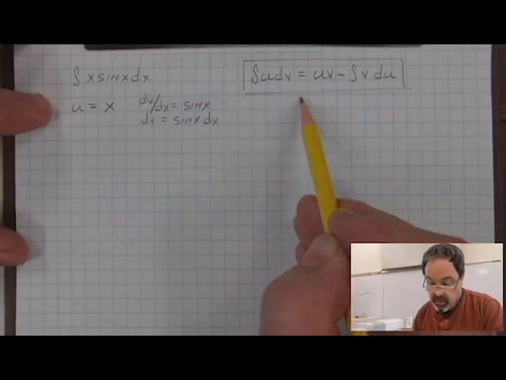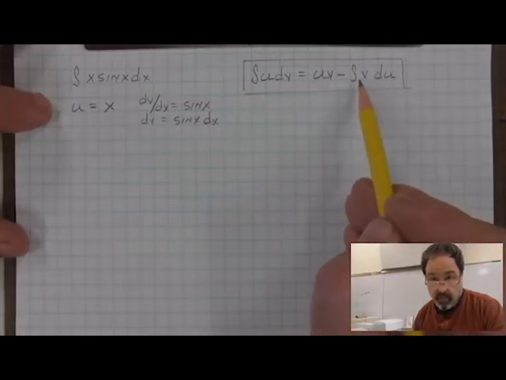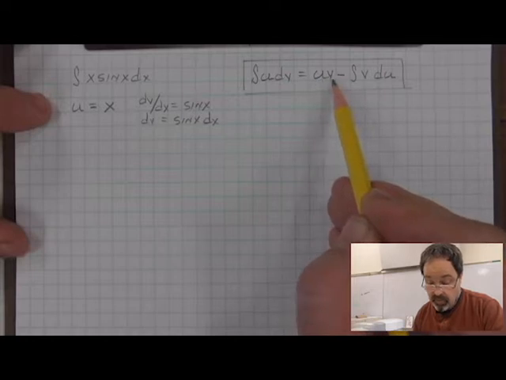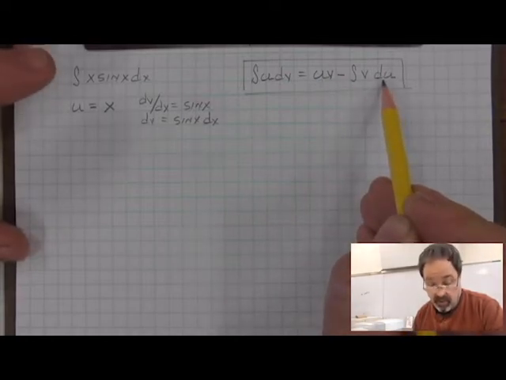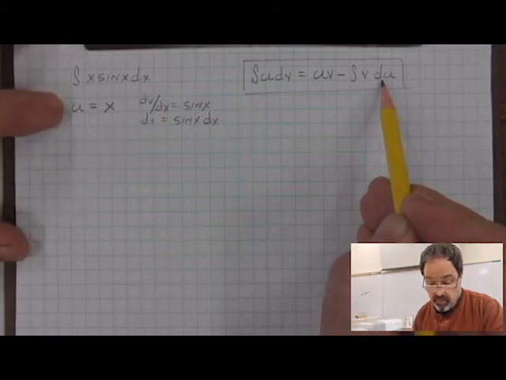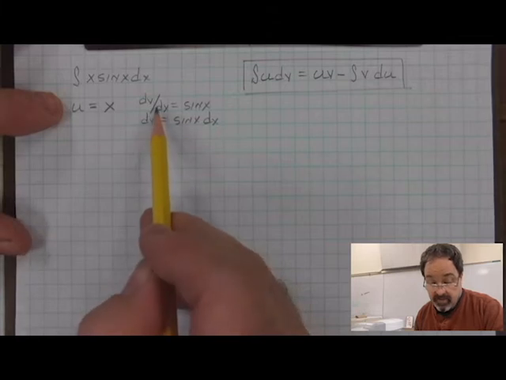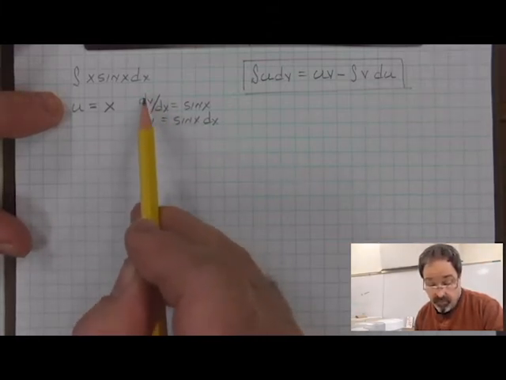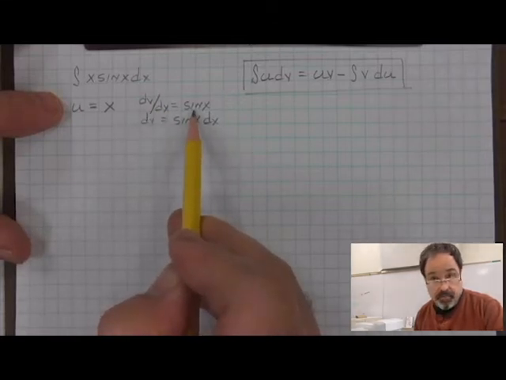But I need to then convert it to this pattern. And this pattern has u, v, and du as its pieces. I have u, I need v. I'm going to get the v expression by taking the antiderivative of the derivative that I have assigned it to.